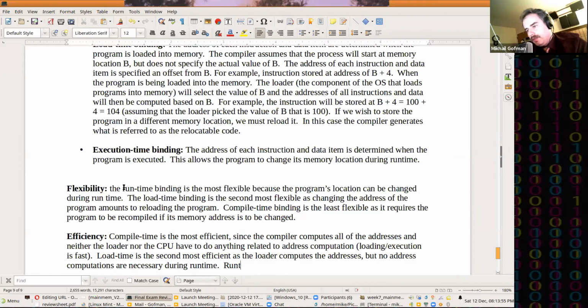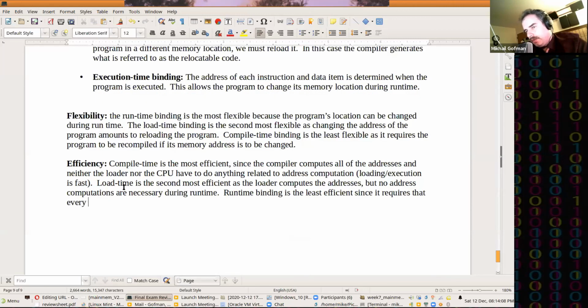And finally, the runtime binding is the least efficient, since it requires that every memory access is translated.